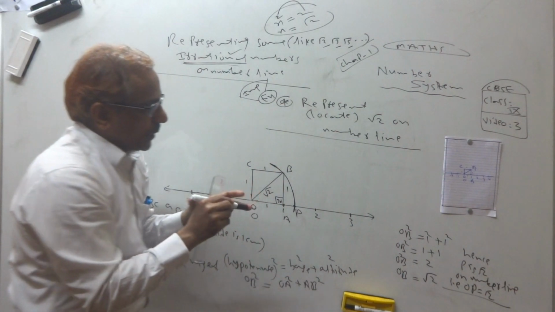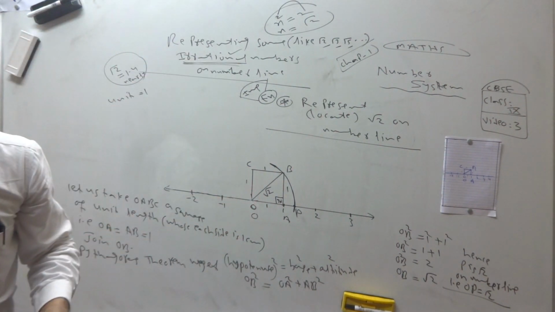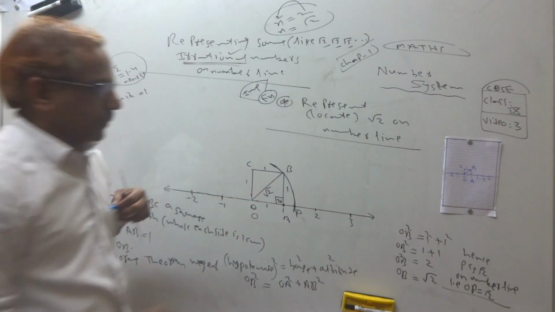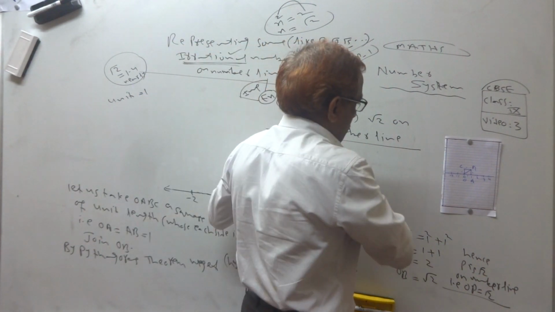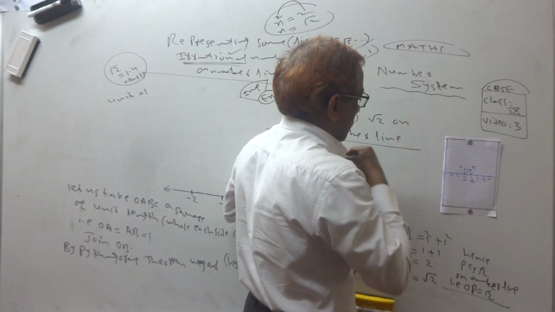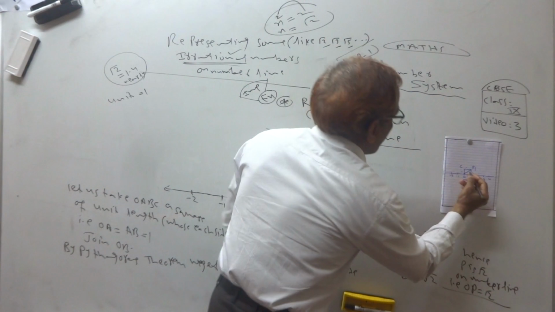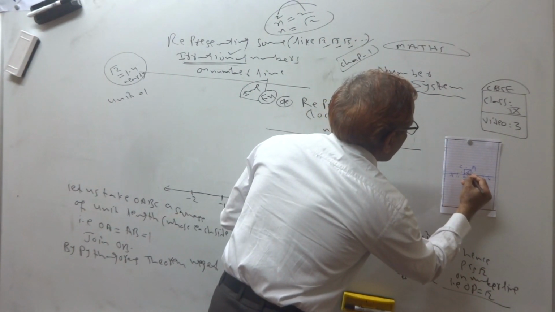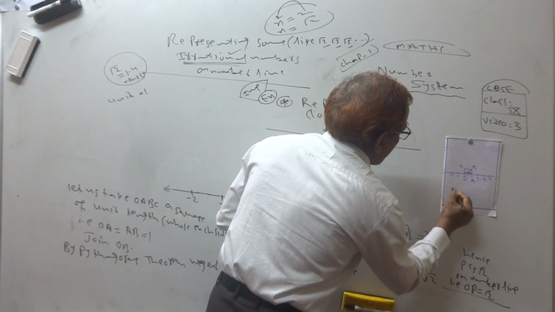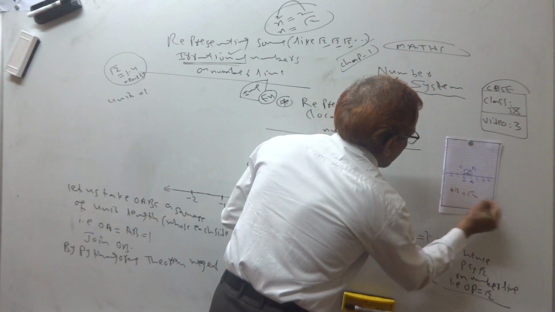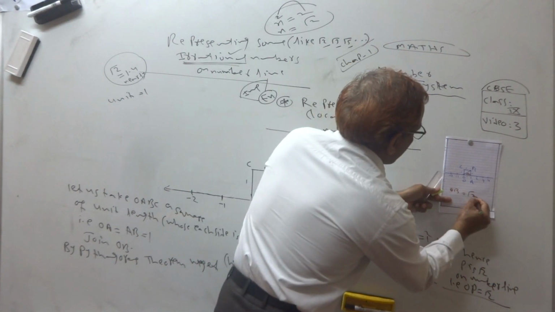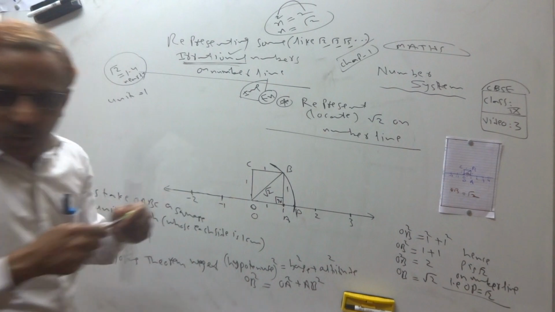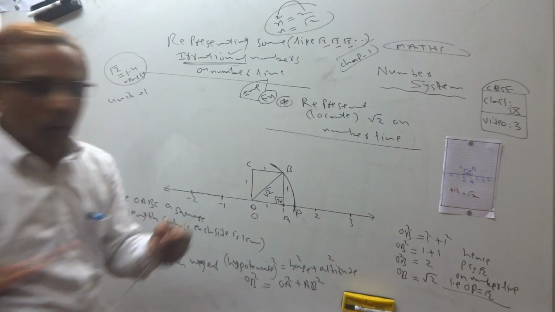So when you join OB, OB is root 2. Then what do you have to do? You should use this small compass.